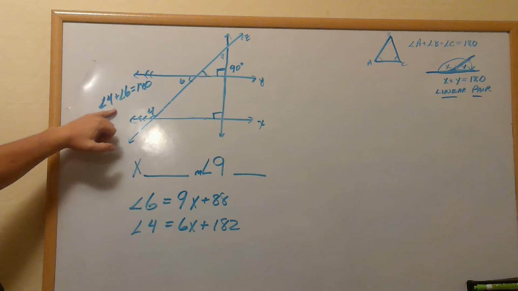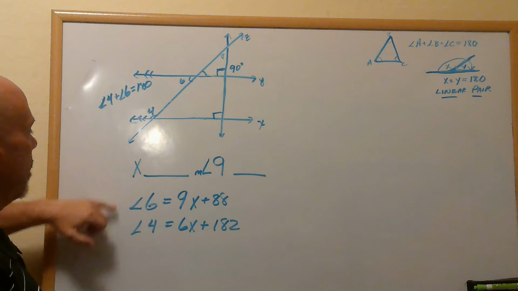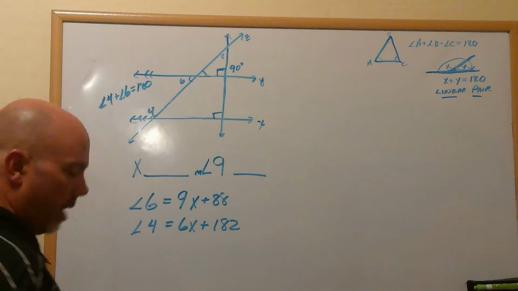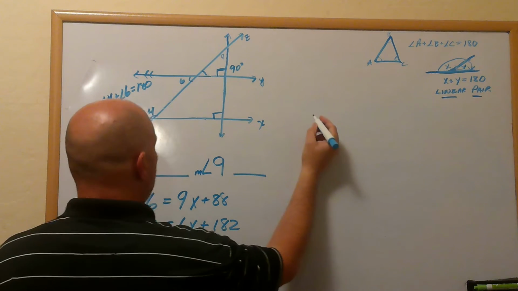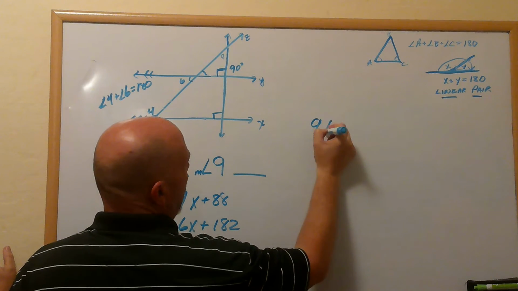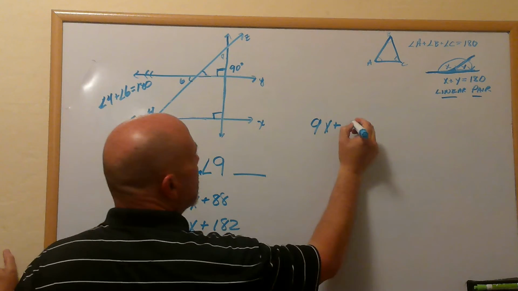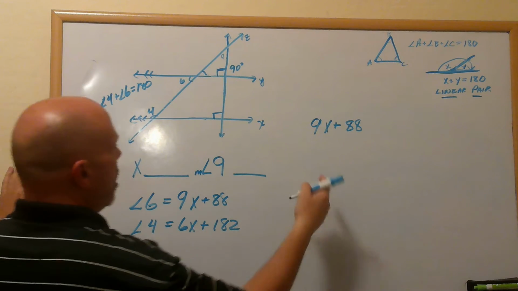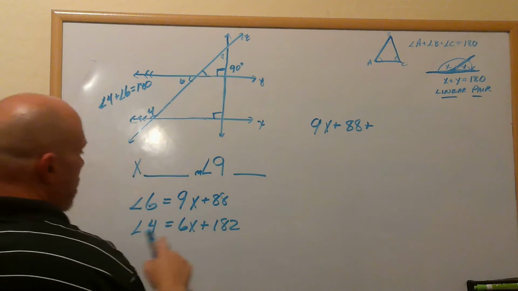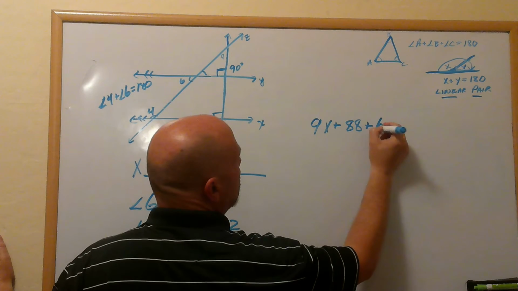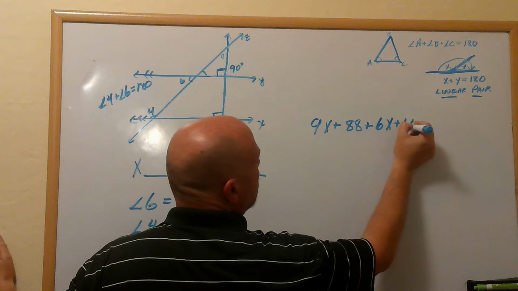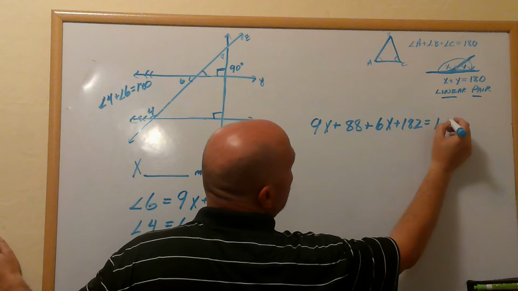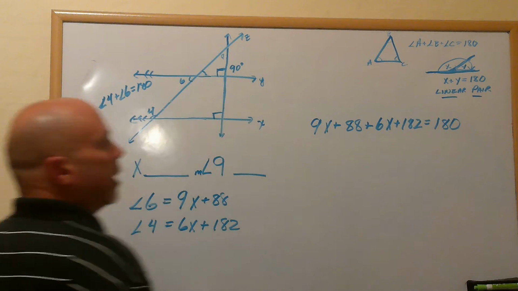But since I don't have those actual degree measures yet, I'm given expressions, so what I need to do is add these two up and then make that equal to 180. Off to the side over here, I'm going to write 9x plus 88, that's the expression for angle 6, plus 6x plus 182 for my measure of angle 4, and that's going to equal 180 degrees.